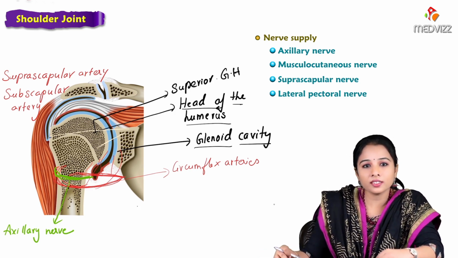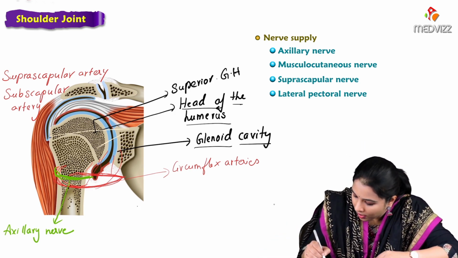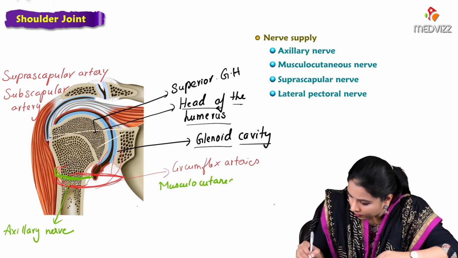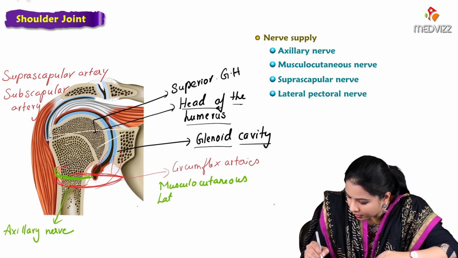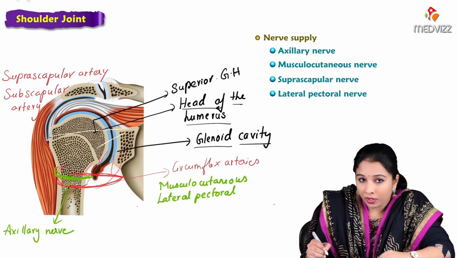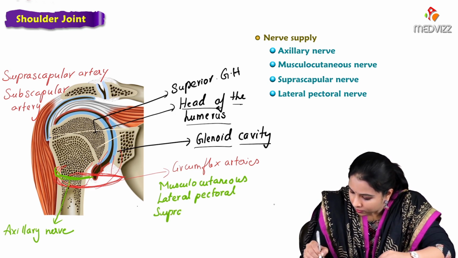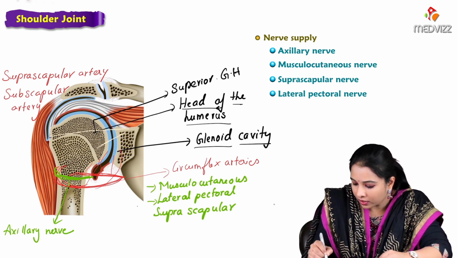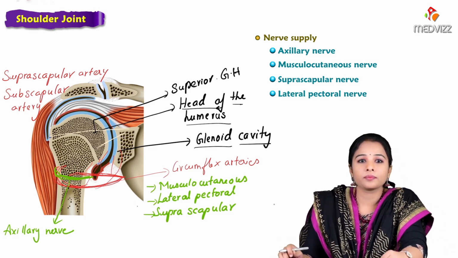So along with the axillary nerve, the other nerves are musculocutaneous nerve, lateral pectoral nerve and suprascapular nerve. So these nerves give articular twigs to the shoulder joint.